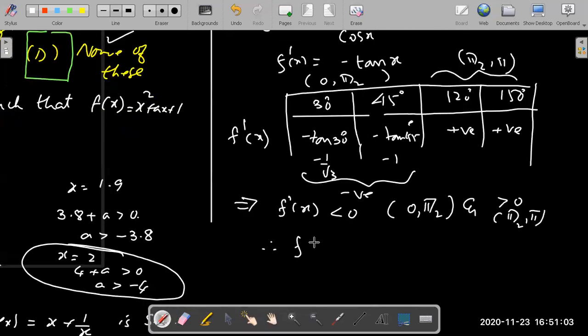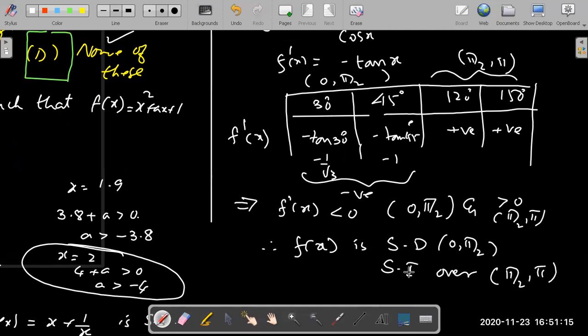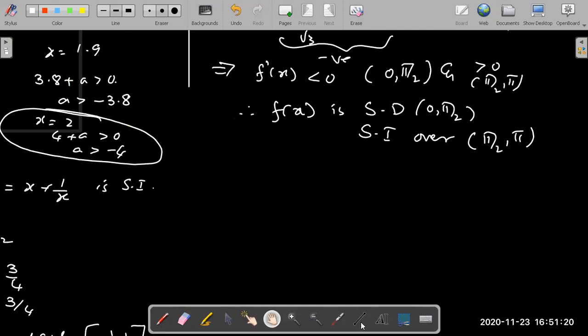Therefore, f of x is strictly decreasing in 0 to pi by 2, strictly increasing over pi by 2 to pi. Understood, right?